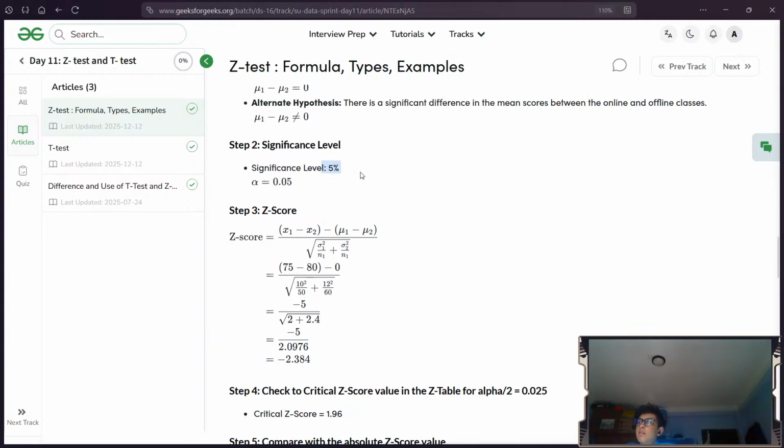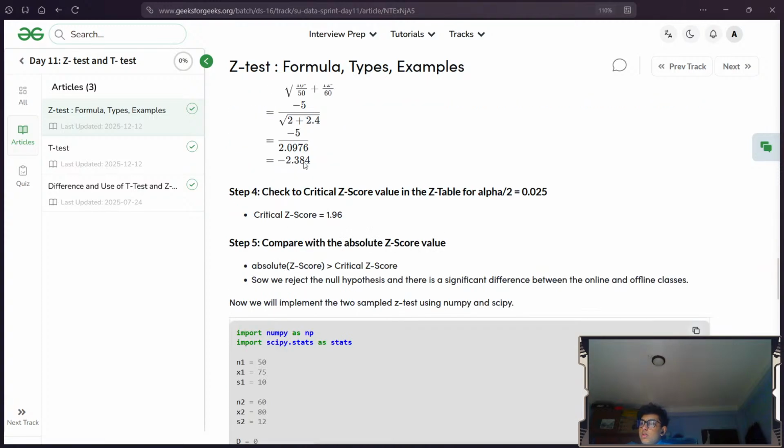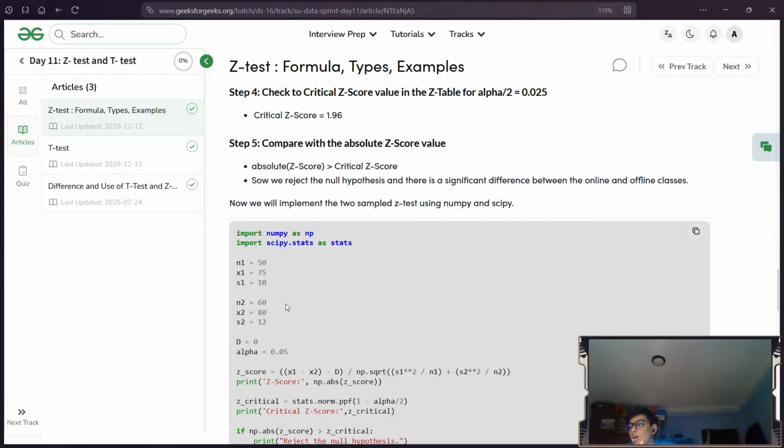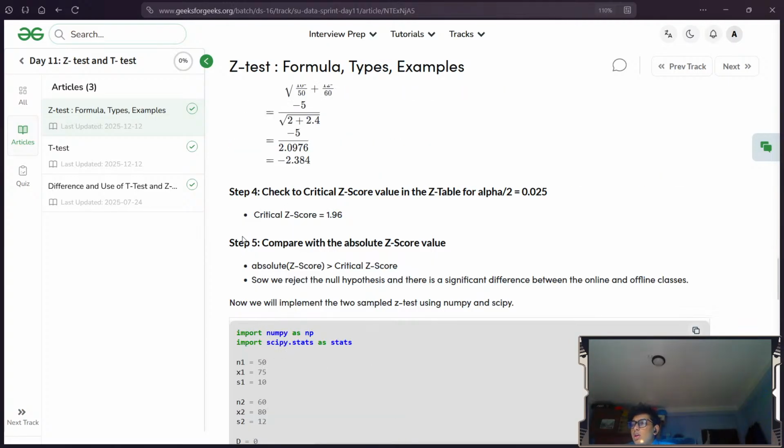The significance level is 5%, so alpha is equal to 0.05. Z score is minus 2.384. Check against the critical Z score. We are assuming the null hypothesis is true, so that's why this is 0. The critical Z score is equal to 1.96.